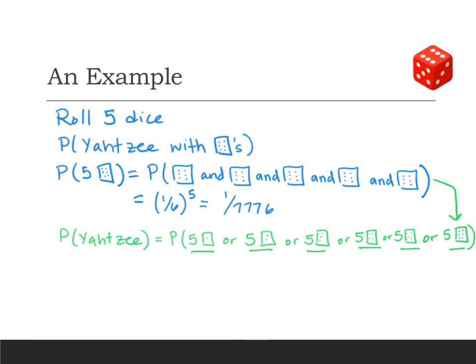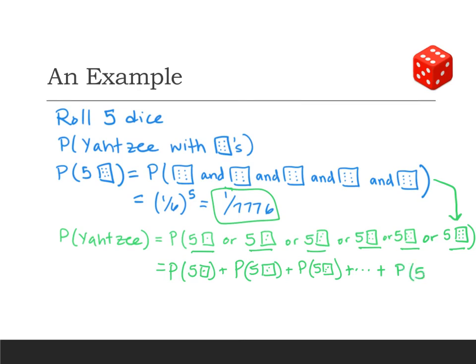So in order to get Yahtzee, we are going to have this number added. I'm just going to go ahead and say probability of 5 1s plus the probability of 5 2s plus the probability of 5 3s. And I'm going to use this wonderful thing we have in math, plus dot dot dot, plus the probability of 5 6s, because I'm going to run out of space again.